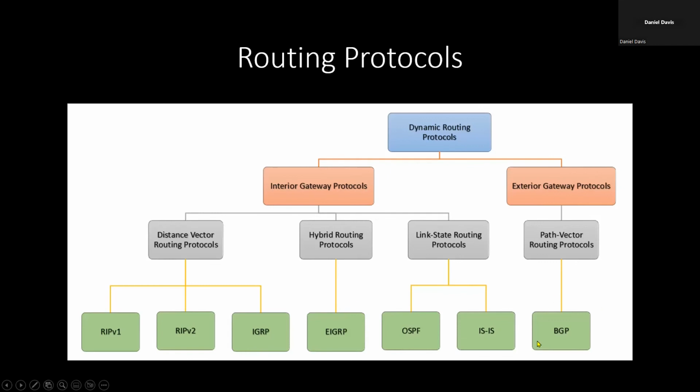We're going to cover BGP, the Border Gateway Protocol, again, our only exterior gateway protocol. It's not the only one that can be used, but it is realistically the only one that is ever going to be used in most situations. So if you ever see an exam question that's talking about exterior gateway protocols, it is probably going to be BGP.